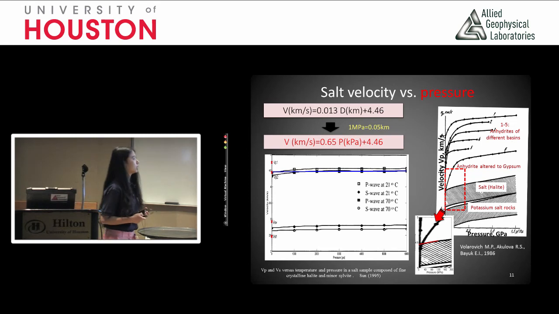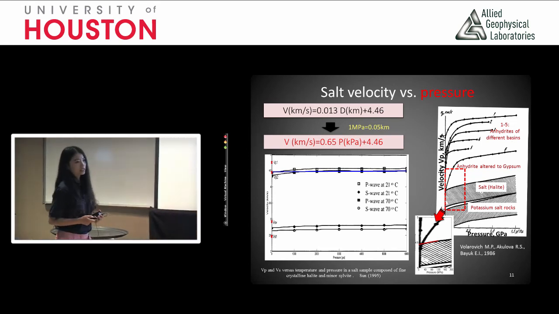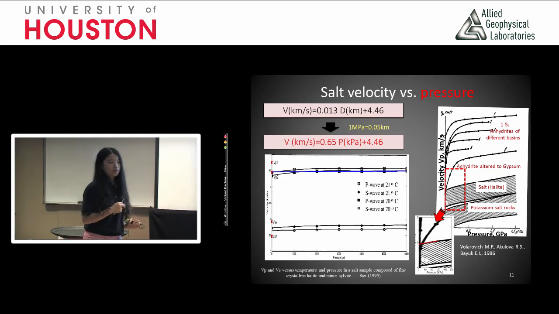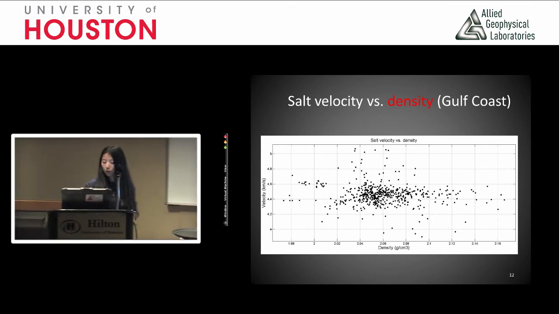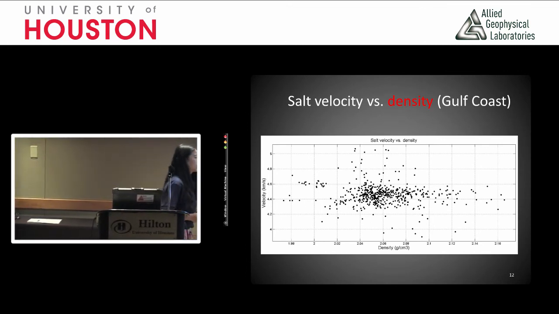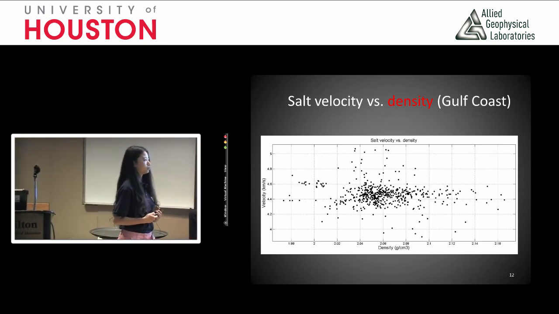So this is our result for velocity and density. It doesn't show as good a correlation as the previous one; it's more scattered. Most of the density is around 2.06, and we further plotted our density against Gardner's and found that our plot fits exactly with his prediction.